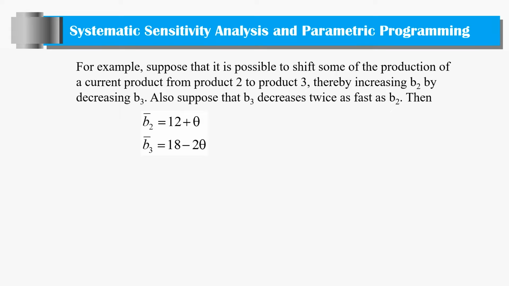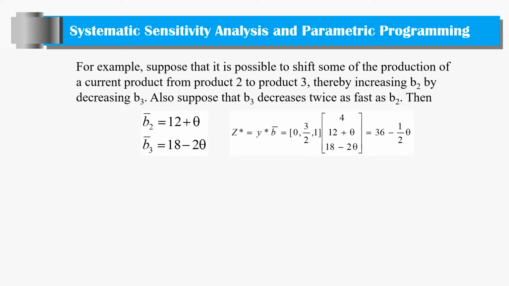Also, suppose that B3 decreases twice as fast as B2 increases. Then we have B2 bar equals 12 plus theta, B3 bar equals 18 minus 2 theta, where theta is the rate of increasing B2. And then in this case, we can calculate by the formula earlier Z star, which is 36 minus 1/2 theta.